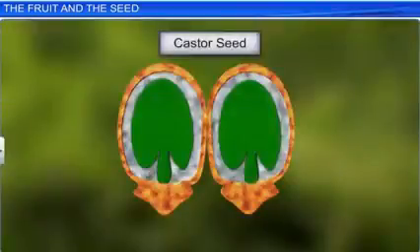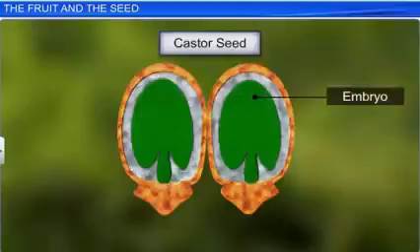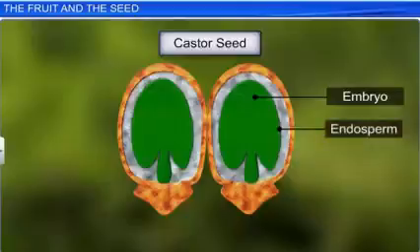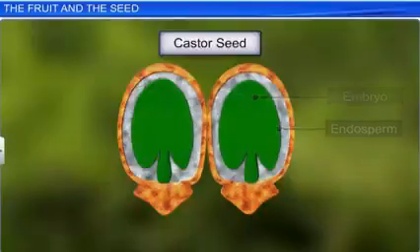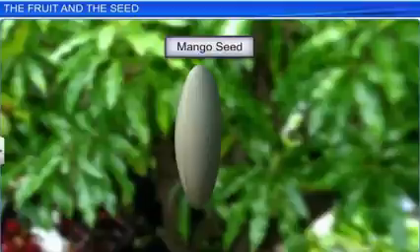In some seeds, such as castor, the developing embryo is surrounded by a nutritive tissue called the endosperm, which stores food and helps the embryo grow. Seeds with endosperm are called endospermic. Whereas in seeds like mango, the endosperm is absent. Such seeds are called non-endospermic.